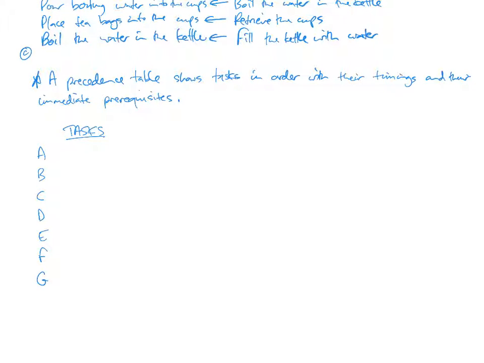So firstly, retrieve the cups. And the timing in seconds, which we have the info for. And lastly, a precedence table has a prerequisites column. Prerequisite.